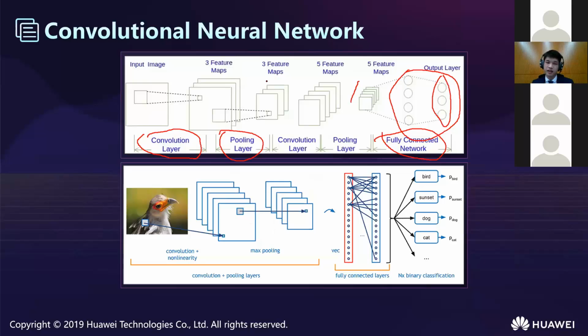Because maybe we can use more and more kernels to get more feature maps, but the size will be smaller because we just do the downsampling, extracting the features in the images. Okay, so then we can put all of the feature maps into the fully connected layer and do the classification task. That is a convolutional neural network.